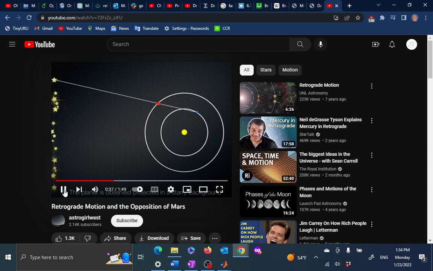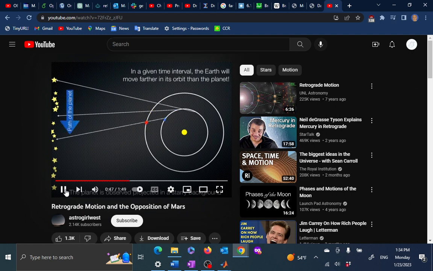So let's see. Here Earth and Mars are moving. When we are looking at the Mars from Earth, when we were up here against the background of the sky, we would have seen Mars to be up here.